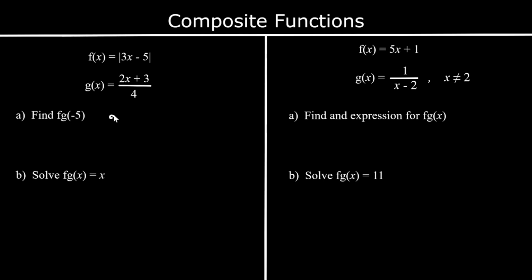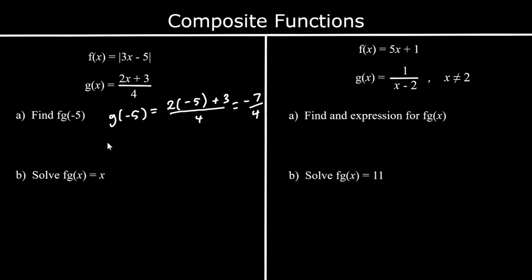So let's work out g of negative 5, which is 2 times negative 5 plus 3, over 4. 2 negative 5s are negative 10, plus 3 is negative 7. So it's negative 7 over 4. And then we're putting that into f.